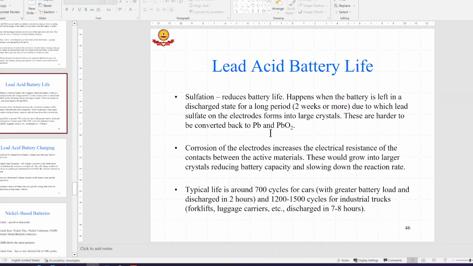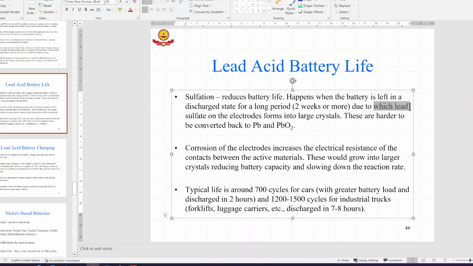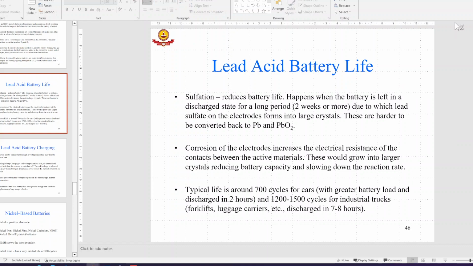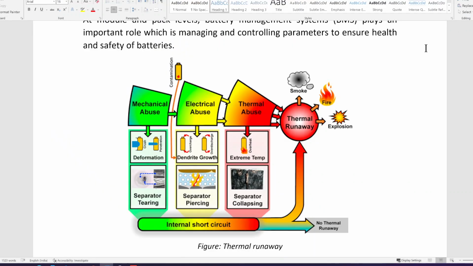Yes, sorry, my bad. It led to formation of lead sulfate into large crystals. These crystals will grow due to overcharging or over discharging on the surface of the electrode.